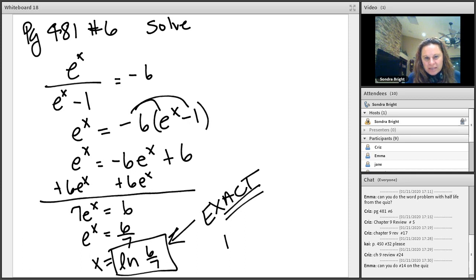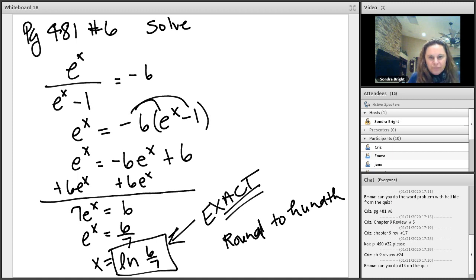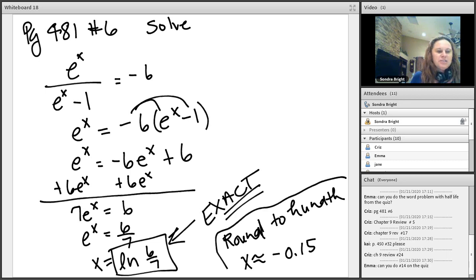But if it's asking you to round, which is what the book said, round to the 100th, then natural log of 6 divided by 7 is approximately -0.154, so -0.15 is what you would say if it's round. I'm pretty sure we say just leave it in exact, so. Okay, that was page 481, number 6.